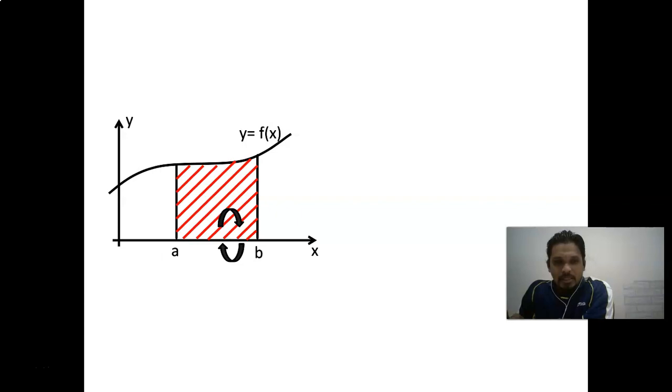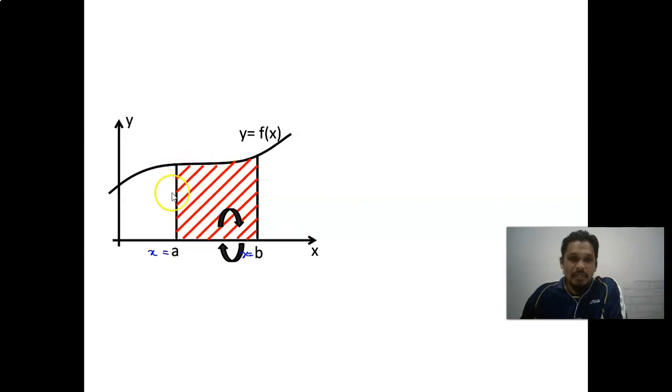Just imagine that this is the graph of the area between the curve y equal to f(x), the x-axis, and x equal to a until x equal to b. So this is the area now.